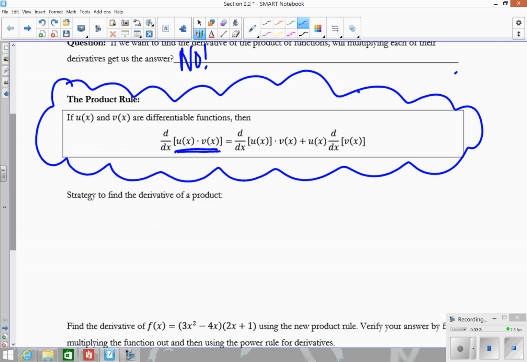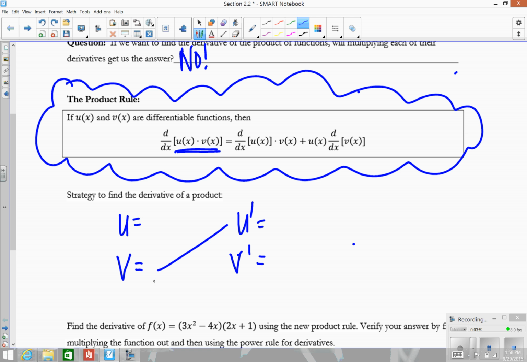To summarize, the easiest way is to let one part of your function equal u and the other equal v. These are going to be the names of our functions. It corresponds to this formula. Then you take the derivative of each of those pieces, so u prime and v prime would be the derivatives. Then we multiply these two from bottom to top, and add that to the product of these other two.